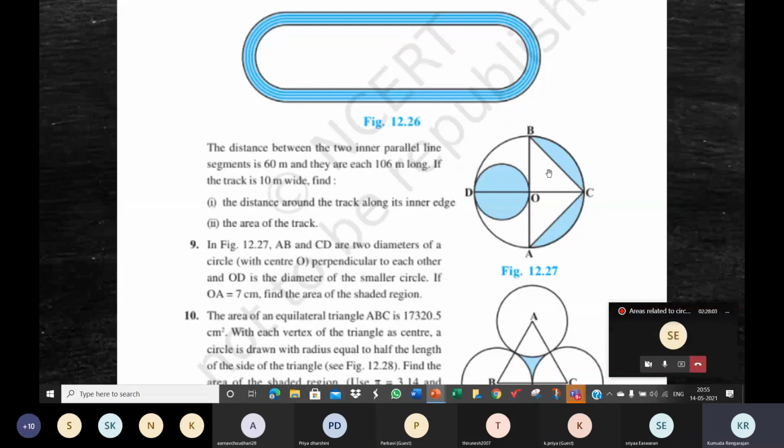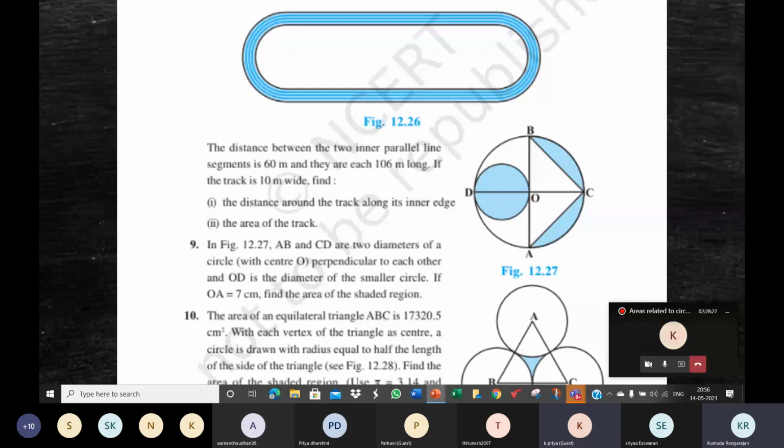Area of the circle. Can somebody tell me a different way of finding the area of the shaded region here? Ma'am, area of the sector minus the triangle.